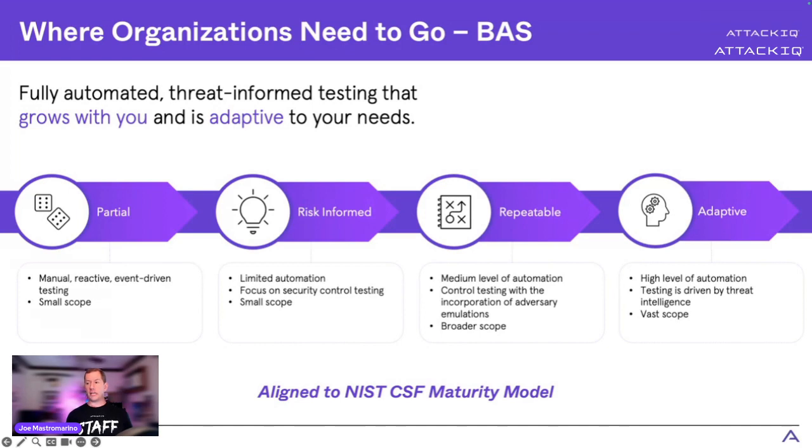Risk-informed organizations typically have a small degree of automation, and they're focused on starting to develop some processes for testing. They understand what assets are risky and what they need to do to secure those. This is typically where we see larger organizations start. The focus here is on identifying what we call security control drift. I had mentioned that term once already. I'll keep talking about it too.